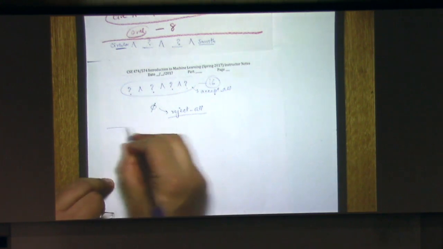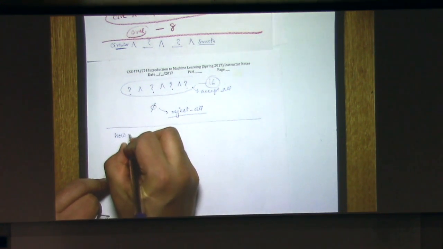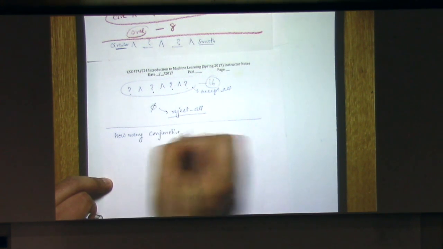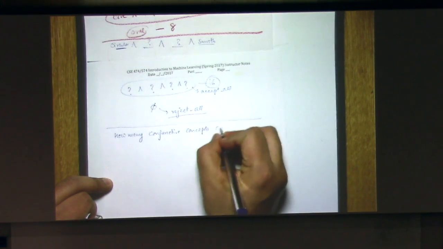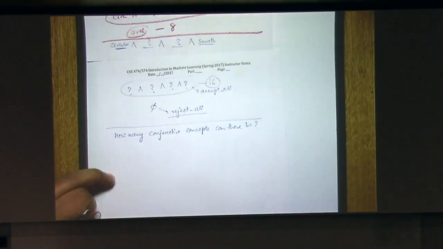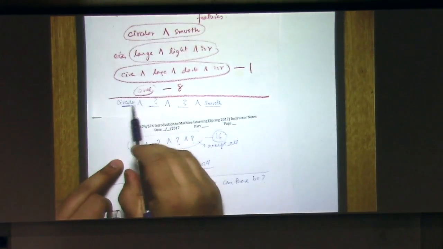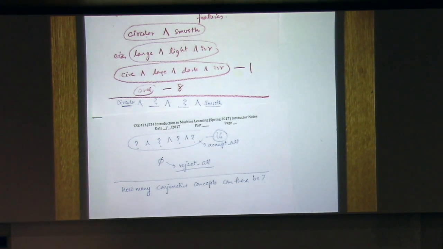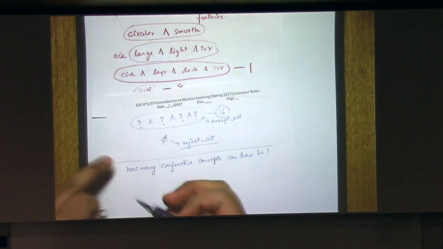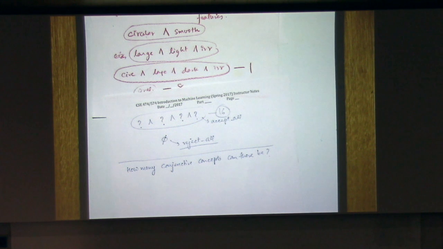So the next exercise that we are going to do is how many conjunctive concepts can there be if you have 4 features and all 4 are binary. So this could sort of help you. Can anyone take a guess? Right. So see, for every position you can have 3 possibilities, right? It could either be one value or the other value or a question mark.